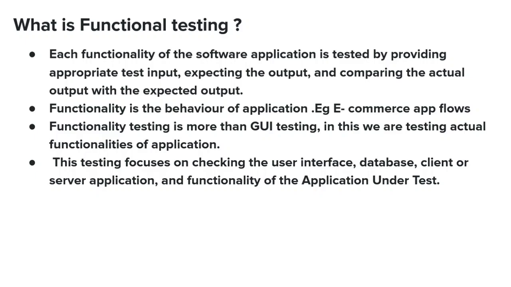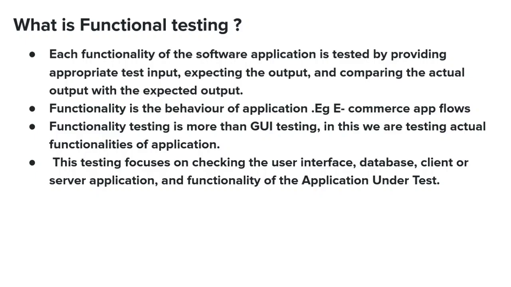So that means whenever, let's say in my application, we are going to get a new feature or new functionality, the product team or the business team will provide the functional requirement documents, and in that document all the requirements will be written. The developer will follow this document and develop that specific functionality in the application. And as a tester, we have to write the test cases around that functionality.